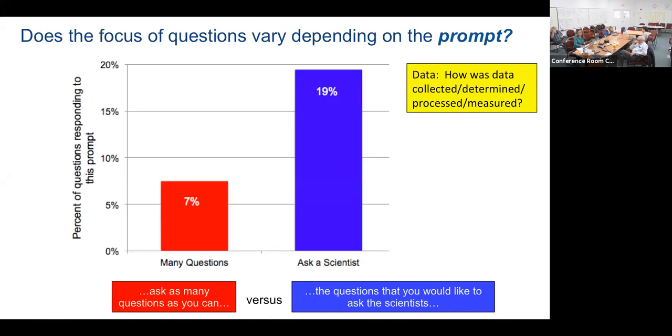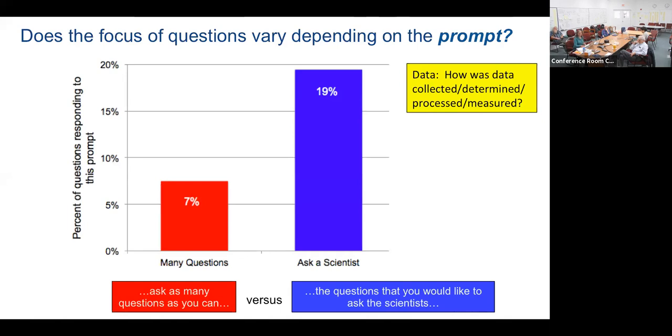And we found that the particular taxonomic category of data, how was data collected, determined, processed, or measured, varied greatly depending on the prompt. And in particular, the Ask a Scientist prompt elicited far more questions that we coded as how was data collected, determined, processed, and measured.